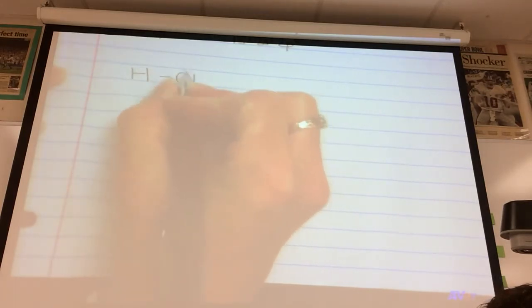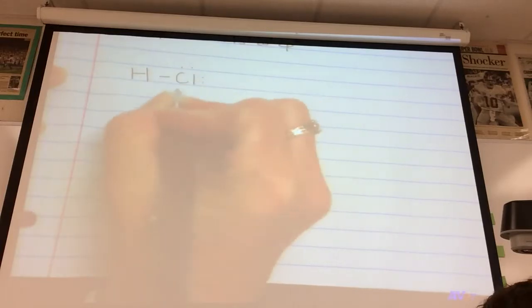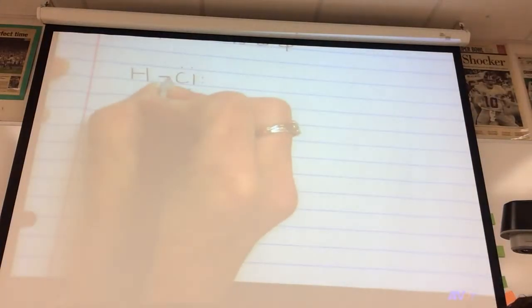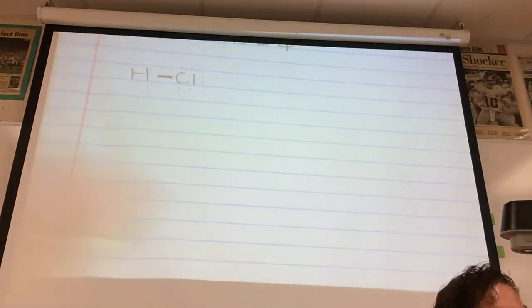If, for example, you had hydrogen covalently bonded to chlorine, and you'll learn how to draw compounds in Chapter 6. Oh, it's fun. I promise it'll be fun. Then you get to construct the compounds with little molecular model kits. It's like making puppy dogs.